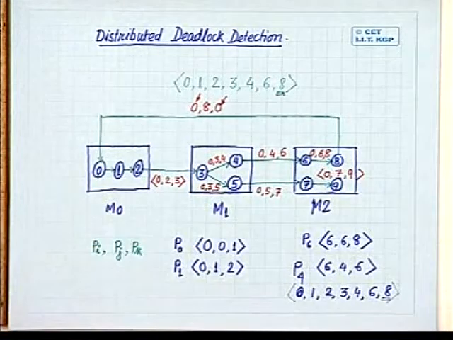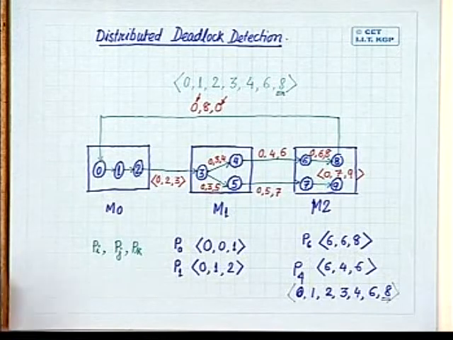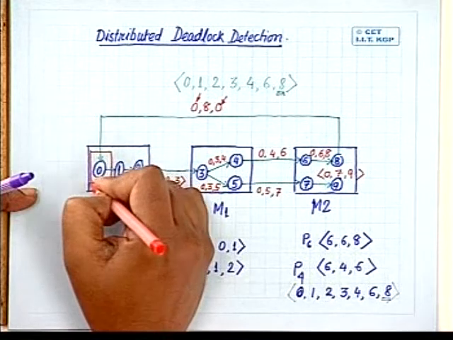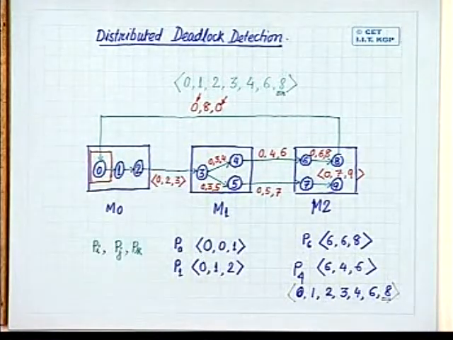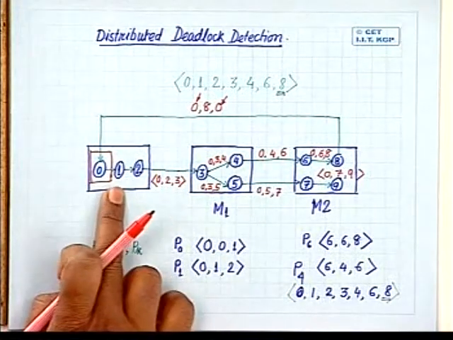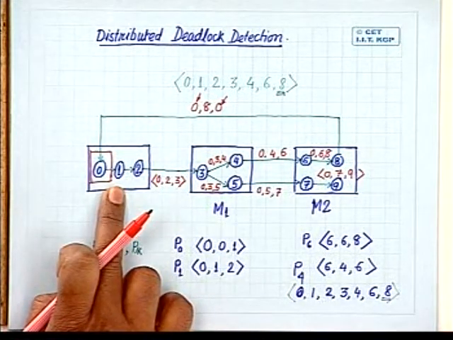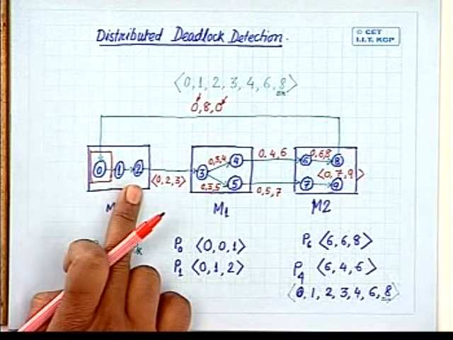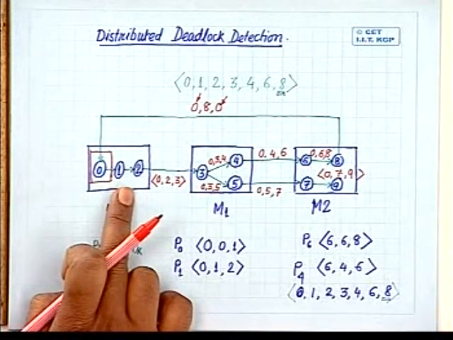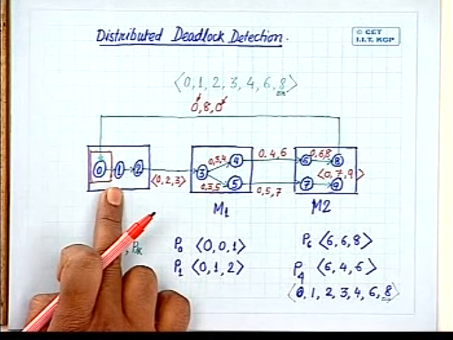After that, let us assume the situation that process 0 was not existing. When this was not part of the cycle, then process P1, process 1, would have made some request and it has been blocked by process 2. It is waiting for process 2 to release that resource.